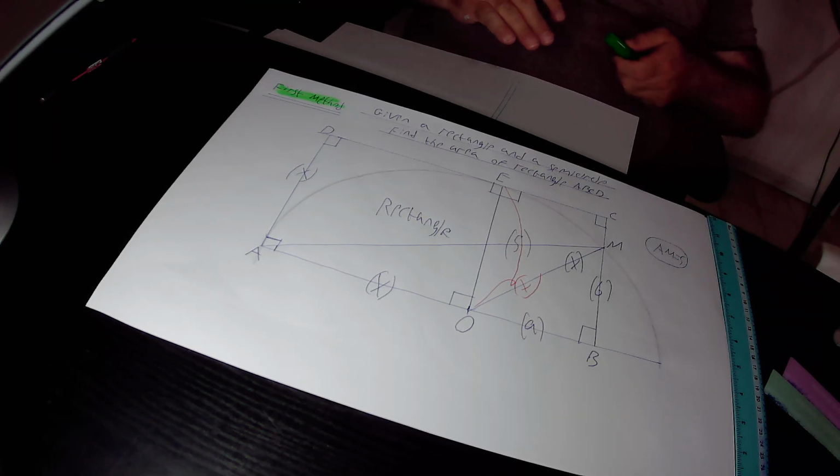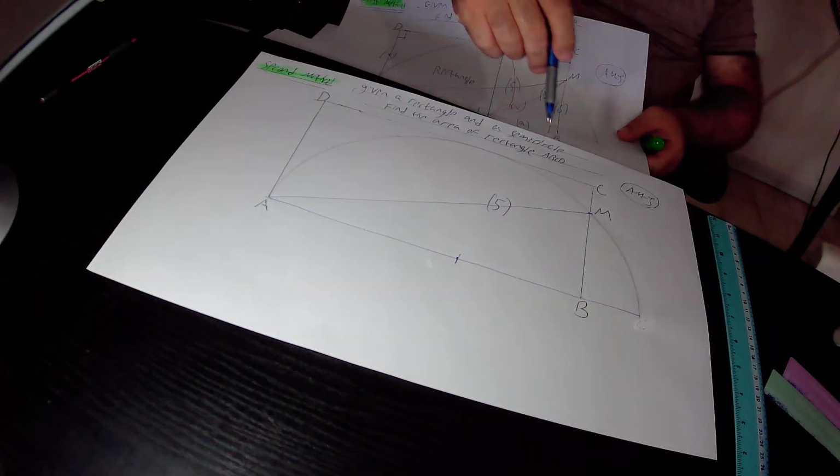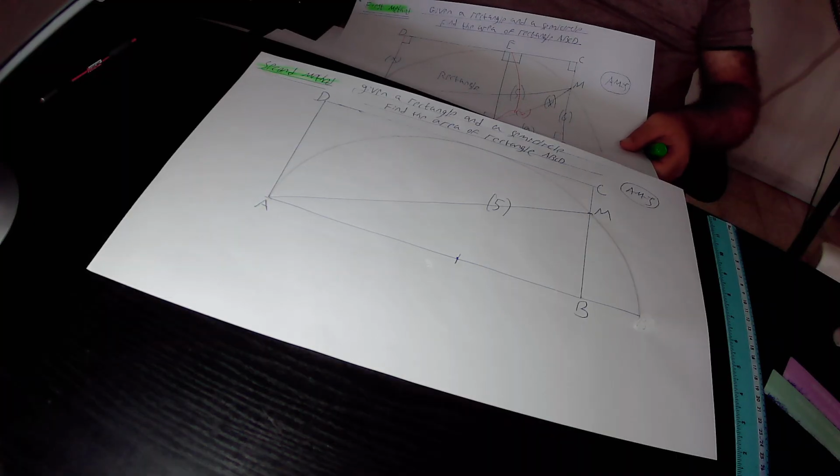In the next step, I will present to you how to find the area of this rectangle ABCD according to the second method.